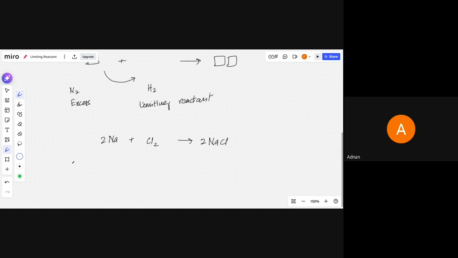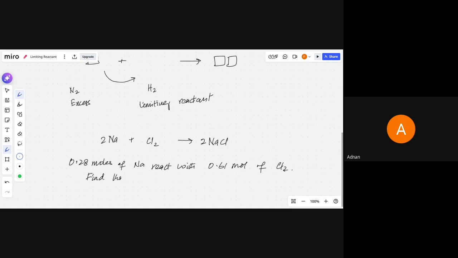So let's say I say that 0.28 moles of sodium react with 0.61 moles of chlorine gas. Find the limiting reactant, right?